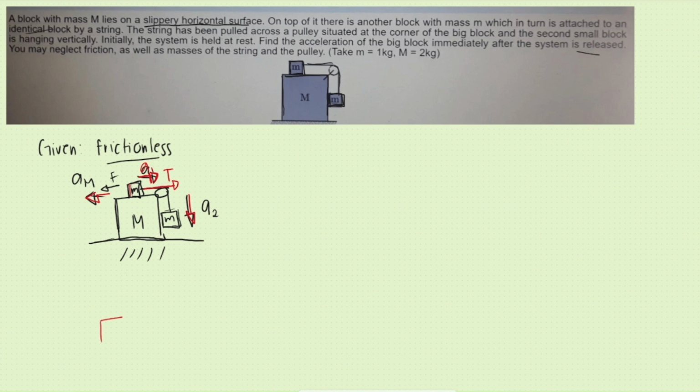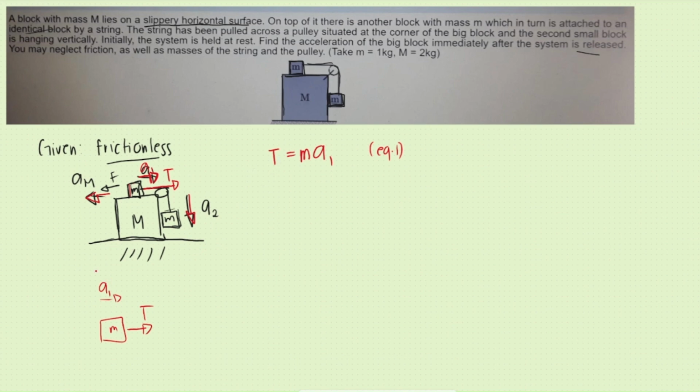So if there is a tension force exerting on this object and it's accelerating in this direction, then according to Newton's second law of motion, our T is just the product of its mass and its acceleration. So we have equation 1.